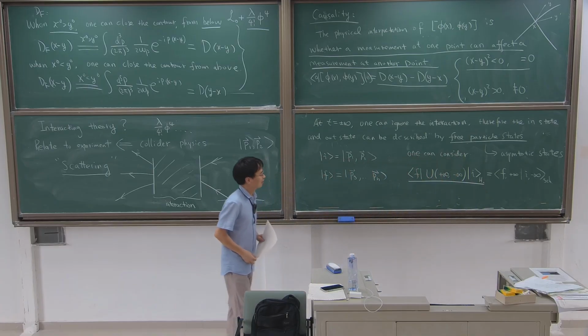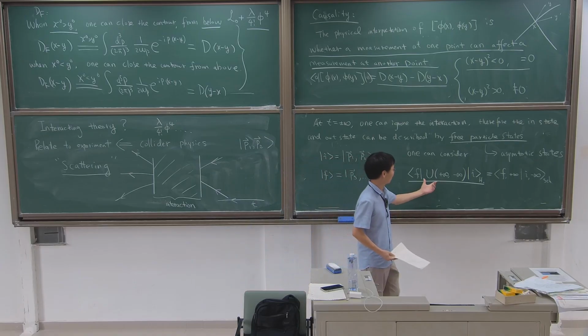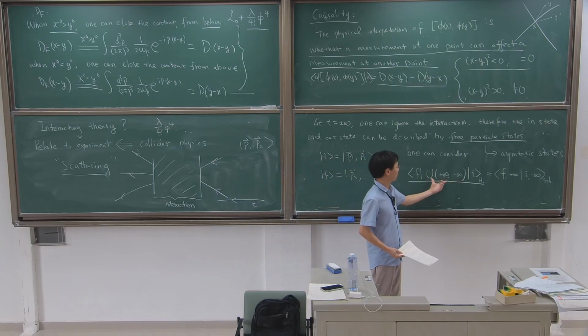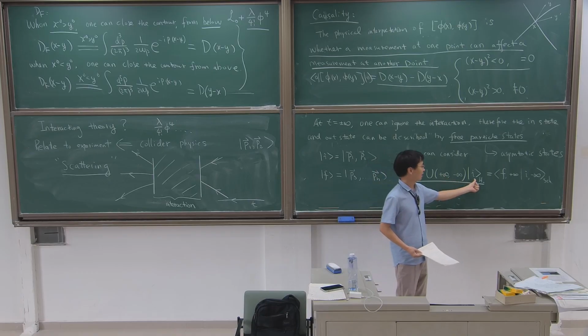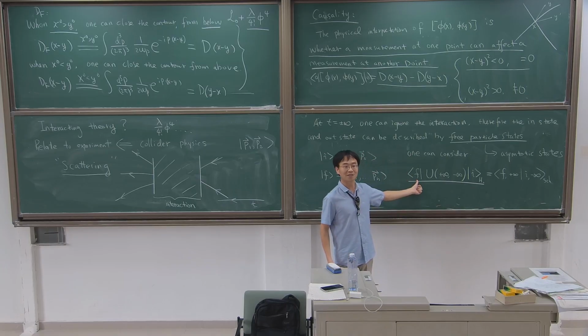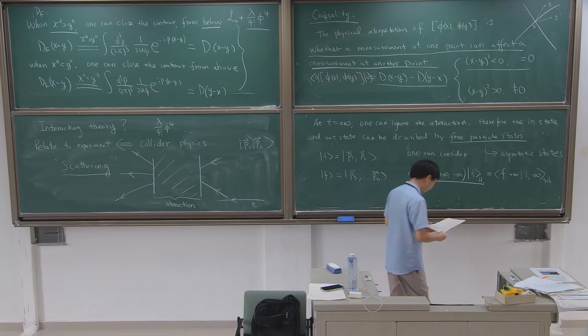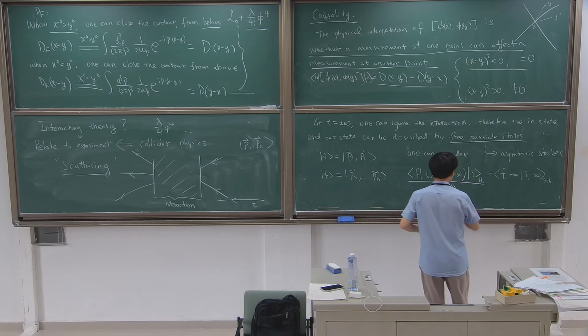In the Heisenberg picture, it's simpler. We can just abstractly take that there is an evolution operator, characterized by U. It evolves from time t equals minus infinity to plus infinity, and the in state is a simple free particle state, the final state is again a simple free particle state. Then you can just try to define what you want. Indeed, we defined something called the S matrix in this way.